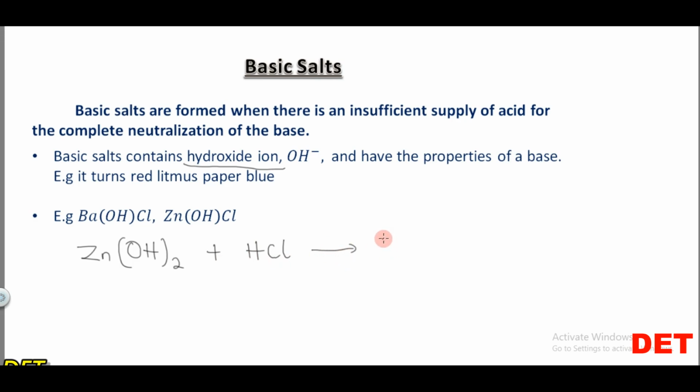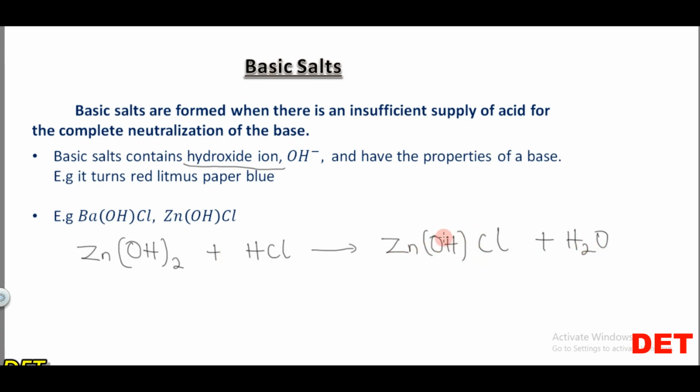What will be formed is zinc hydroxide chloride and water, since this is a neutralization reaction. This is a base, this is an acid. The reaction is a neutralization reaction, so you expect salt and water to be formed.